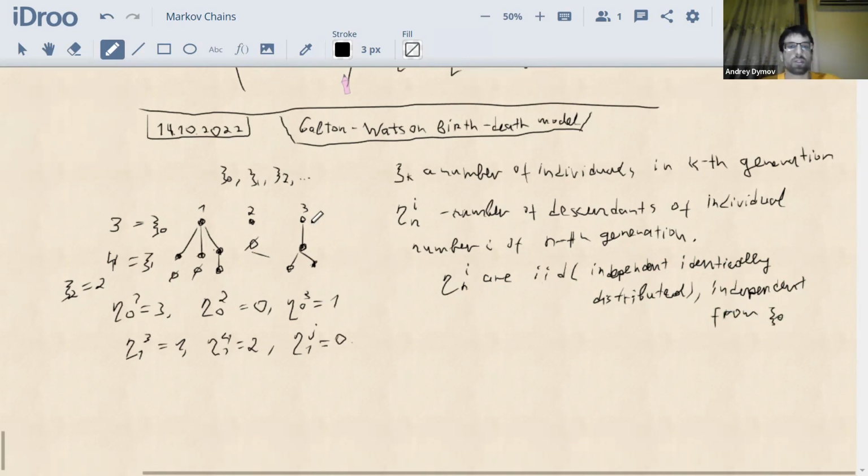So the initial condition is independent from these numbers of descendants.